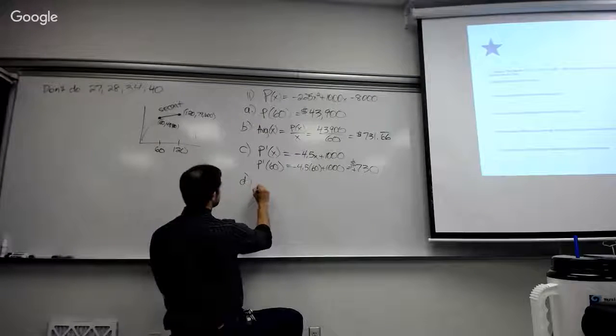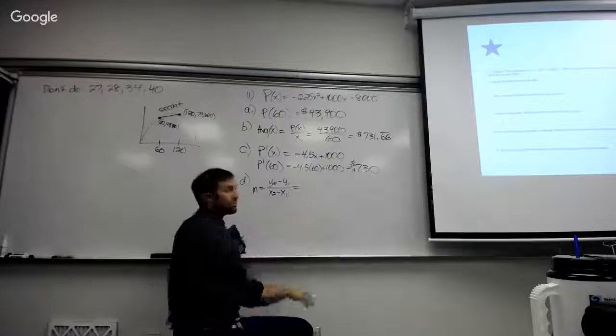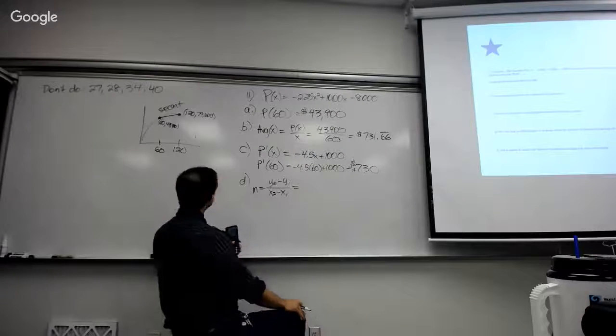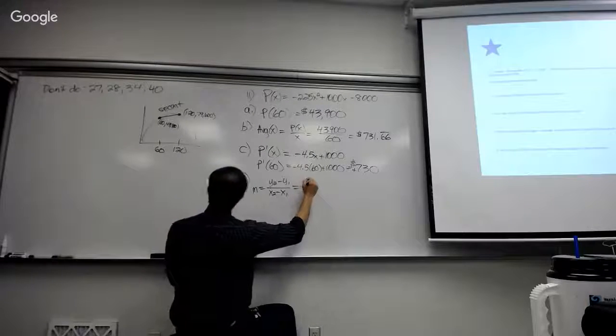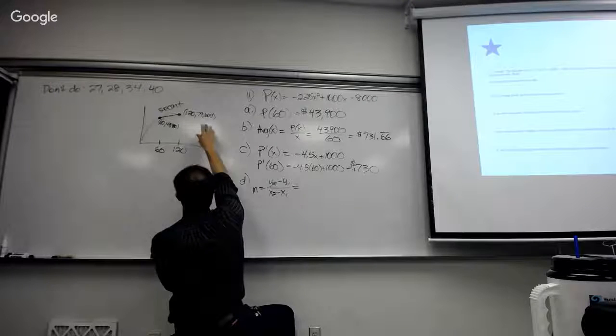So the slope formula, y2 minus y1 over x2 minus x1. Isn't it nice to see the slope formula again? It's been so long since we've looked at it. It's kind of bittersweet. So clearly my profit went up, right? We know it's a positive slope because we went from 60 to 120 and the profit went up.